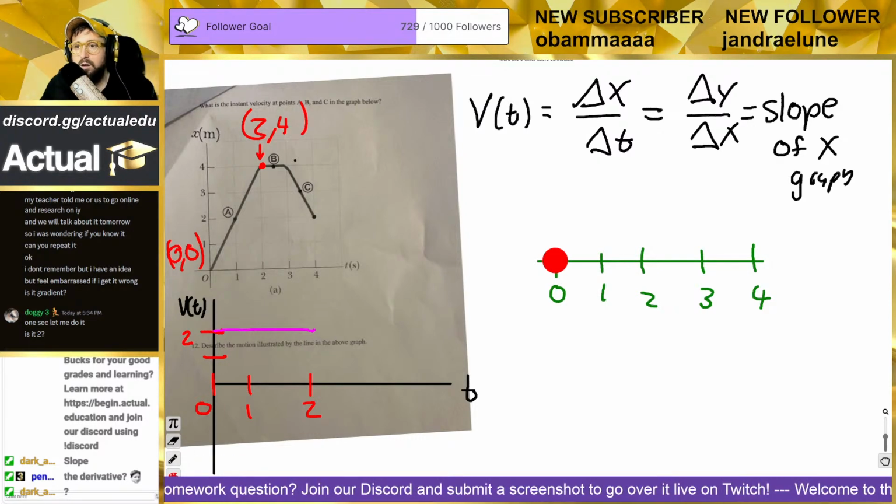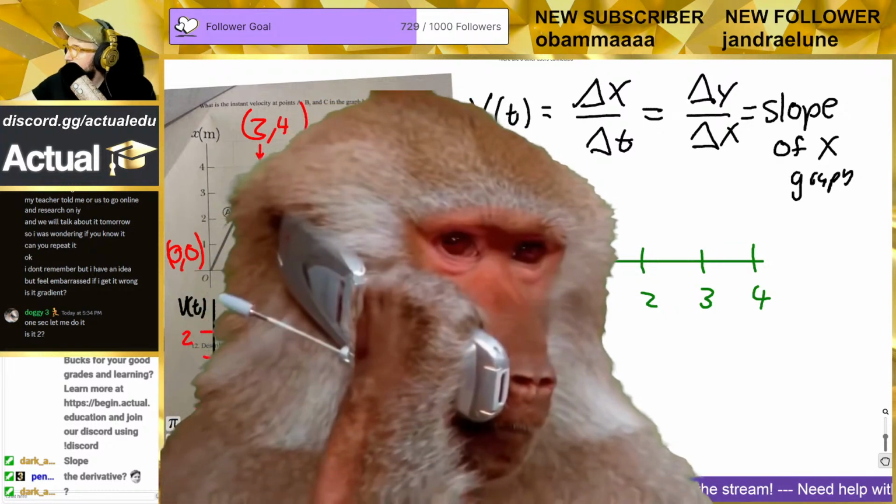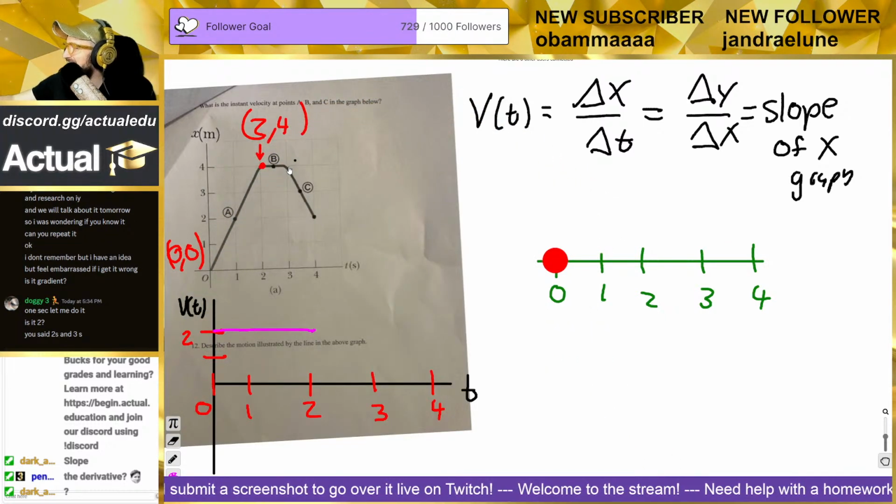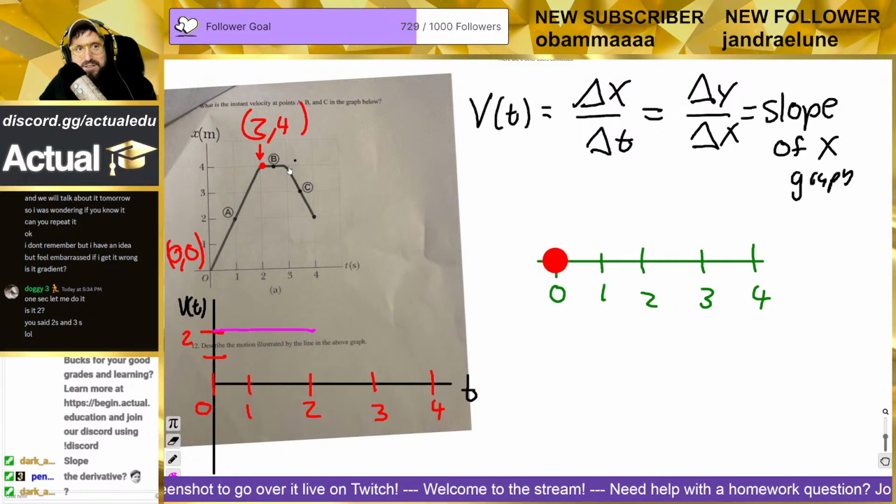All right. Now let's do this. What's the velocity between 2 seconds and 3 seconds? What's the slope there? Yes, between 2 seconds and 3 seconds.